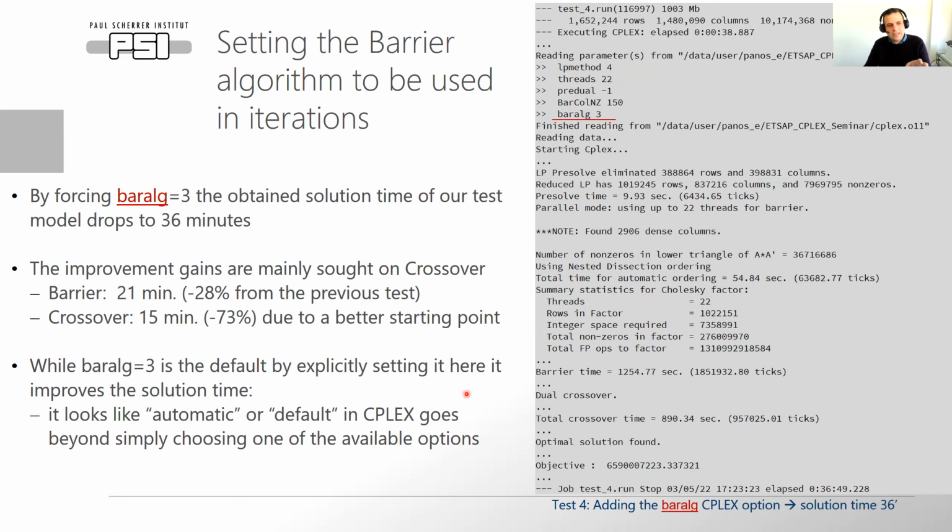So this is a case where the automatic option, which according to the manual is bar-alg 3, does not behave well if we leave it as automatic. But this always depends on the model instance. So the conclusion here is: try all of them.